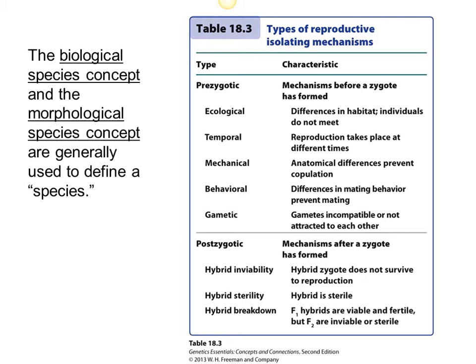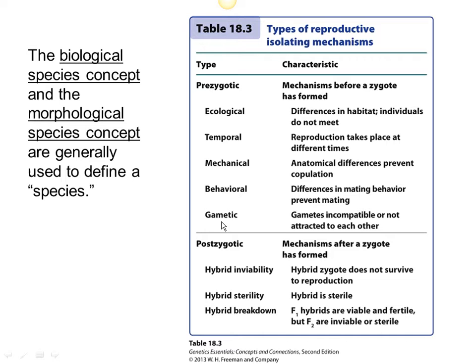There are biochemical things that the gametes require, pretty much receptors, so that the egg and the sperm recognize each other, and the fusion happens correctly. So gametic is a really important barrier.